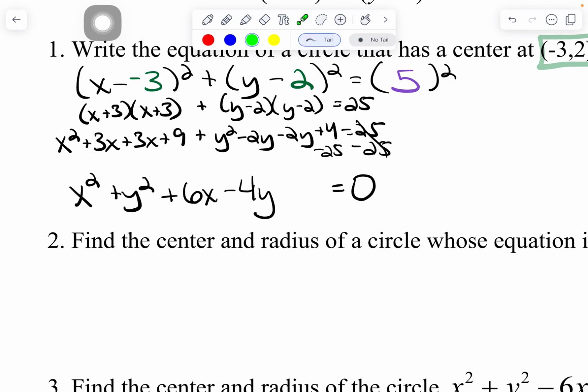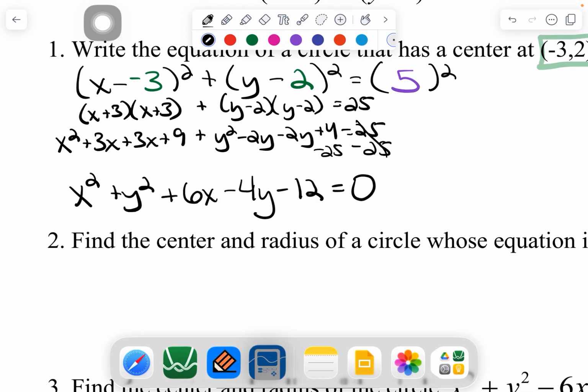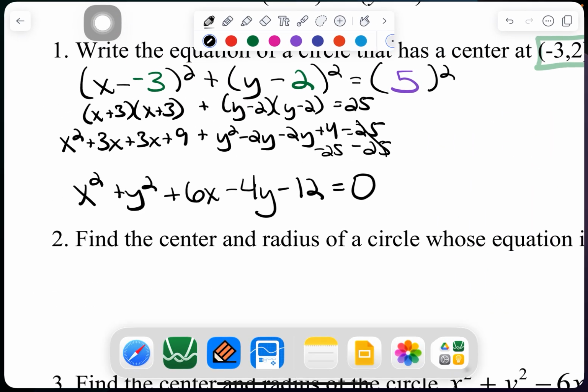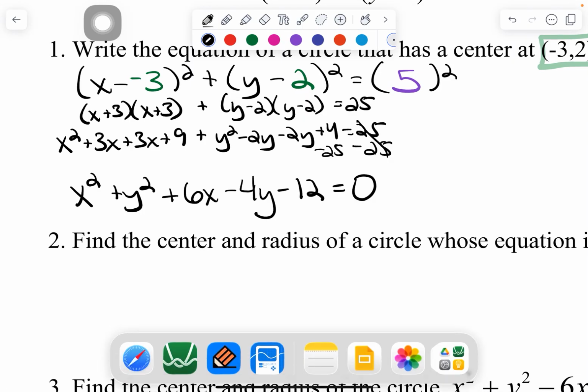All right, so let's see what I got here. Positive 9 and then positive 4. That's going to make 13 when I combine it. 13 minus 25, I'm thinking that's -12. I want to double check that before I go off the rocker here. Let's see. Whoops. No, get me that calculator back. All right.